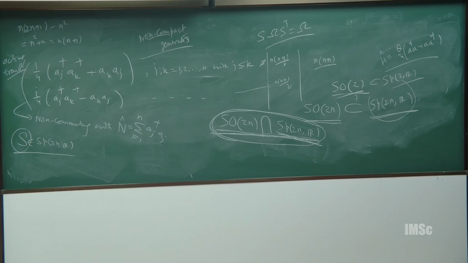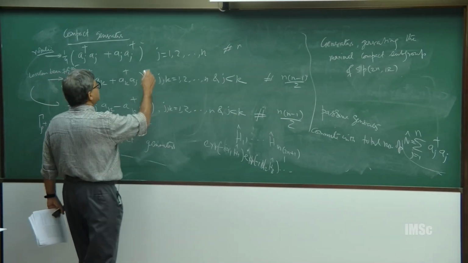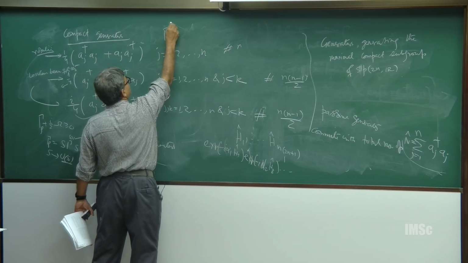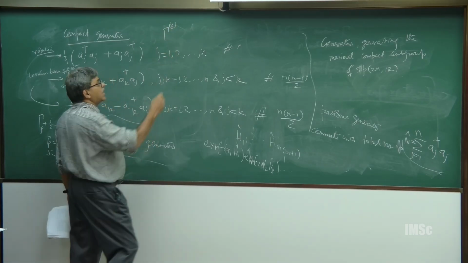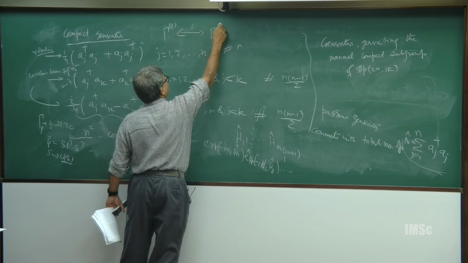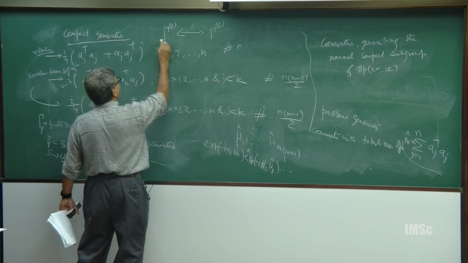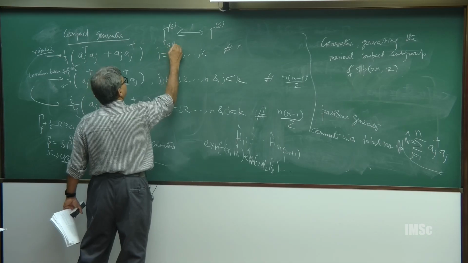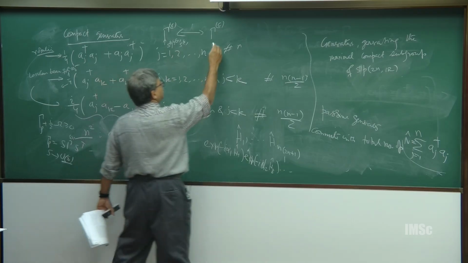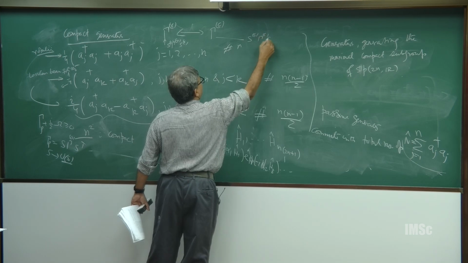Next day I will discuss that, and what I will also discuss is, I already considered this gamma, which is a real matrix, and that is why I will call it gamma r, and I will also consider its complex version gamma c. I know how it transforms: gamma r goes to S gamma r S transpose, where S is the real symplectic transformation, and the complex version I will call S c gamma c S c dagger.